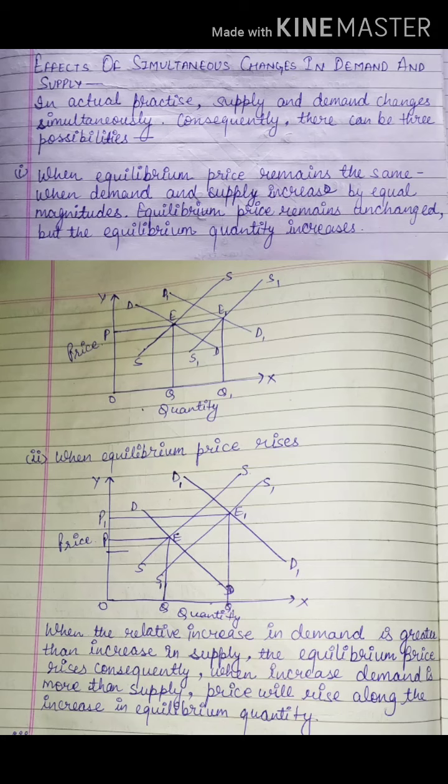Consequently, you can see my equilibrium price has risen, from P to P1. It will result in a rise in price, because the increase in demand is more than supply. Demand is more, but supply is less. So price will rise along with an increase in equilibrium quantity.